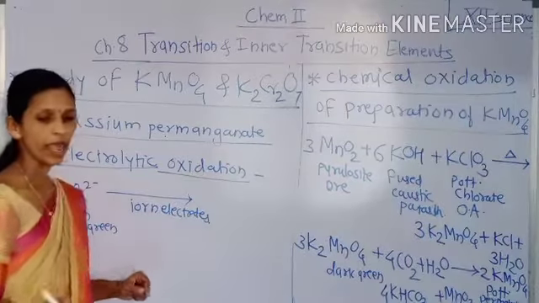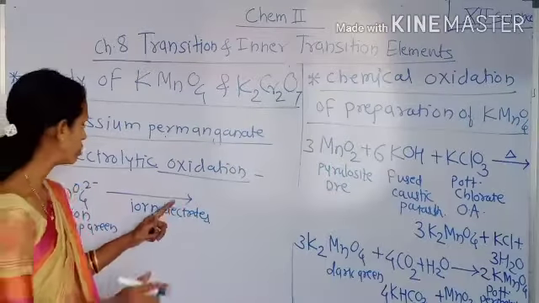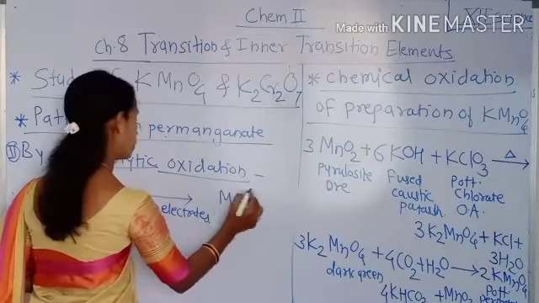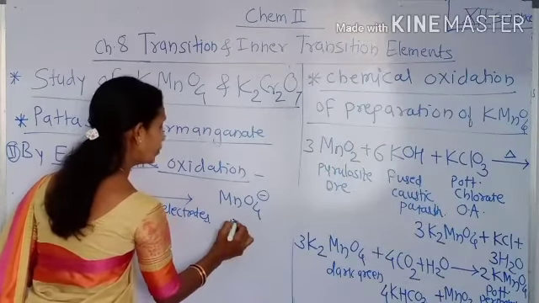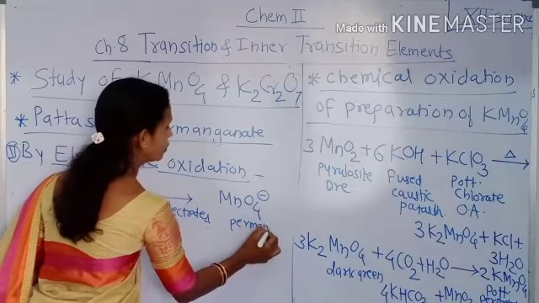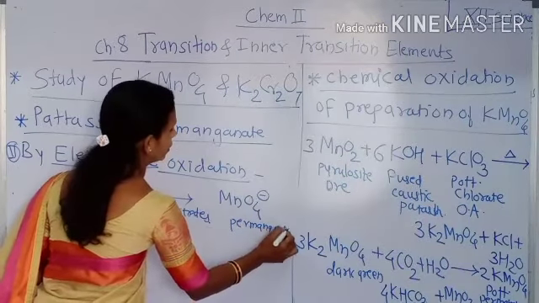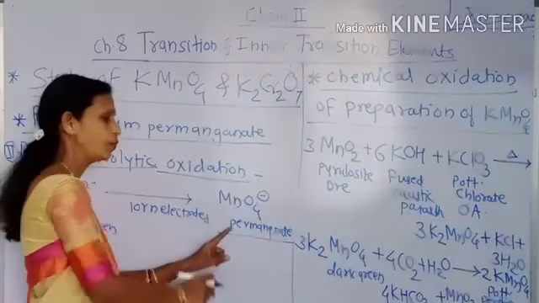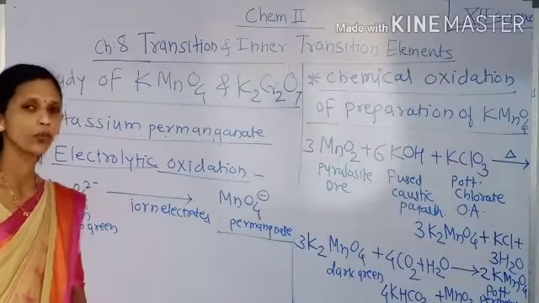Then at the anode, MnO4-, that is the permanganate ion, is liberated. That means at the anode potassium permanganate is obtained.